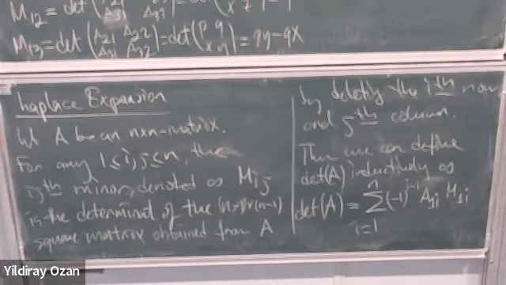A12 is this element, B, times M12, which is PZ minus RX. Plus A13, which is just C, times M13, PY minus QX. So let's see what we have.